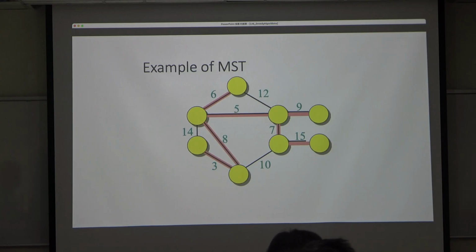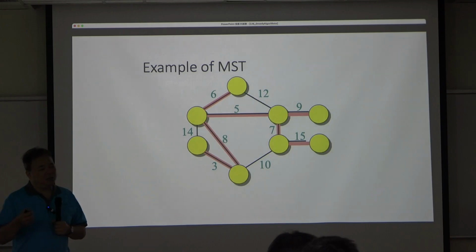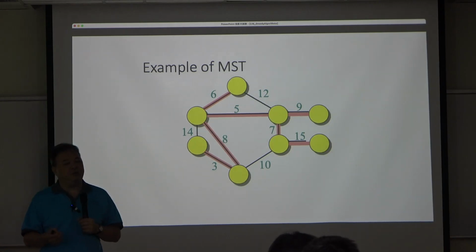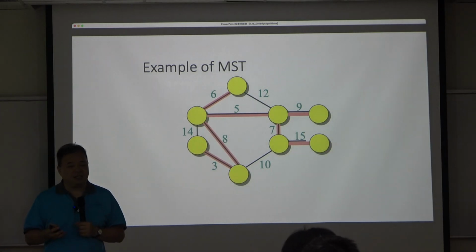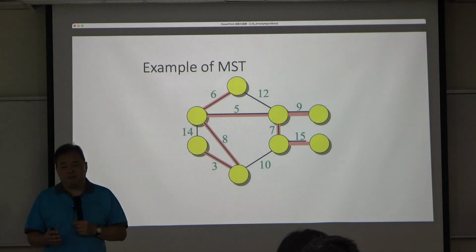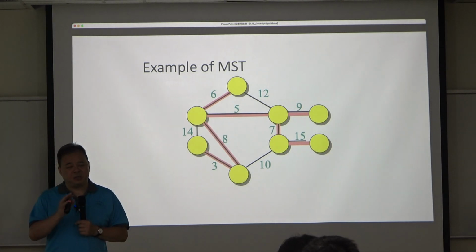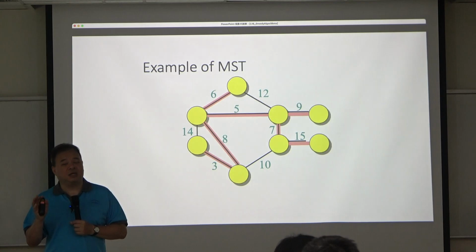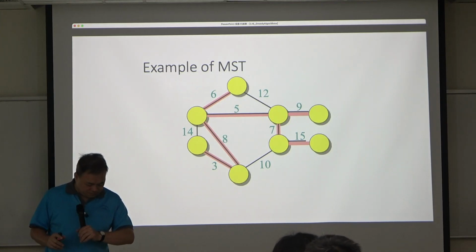This minimum spanning tree is unique because each edge has a different weight. If some edges have the same weight, you could end up with multiple minimum spanning trees, as I said earlier. But for now, let's assume all the edges have different weights.